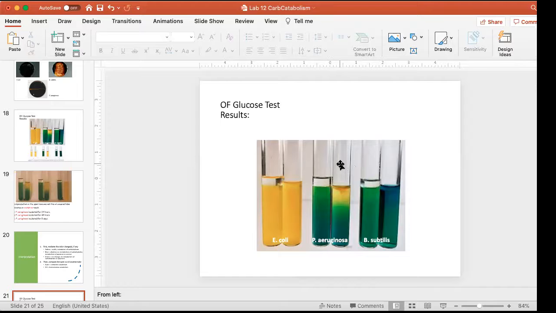Glucose is being used for aerobic cellular respiration, but not fermentation for Pseudomonas. The glucose is not being used by Bacillus subtilis, but it is showing us that it's breaking down the peptone in the open air tube so it can survive.